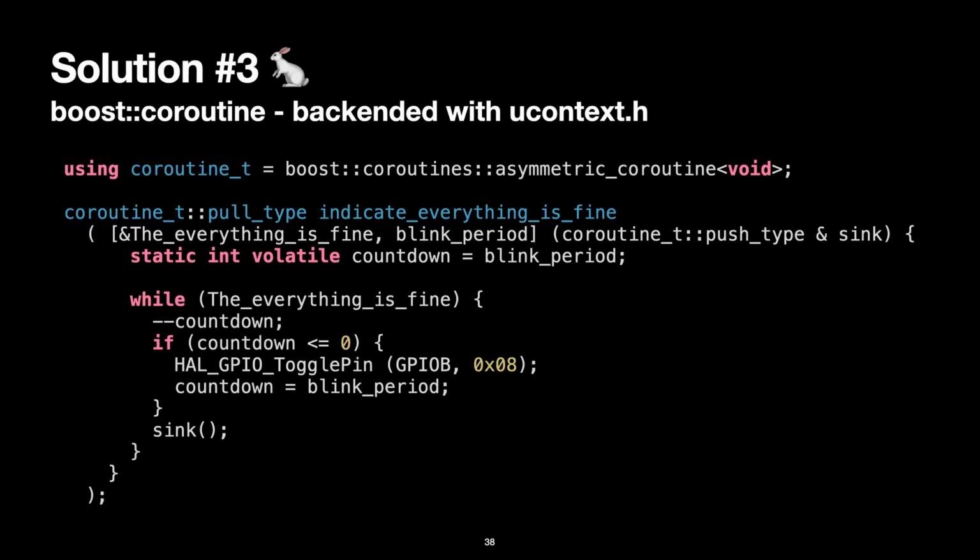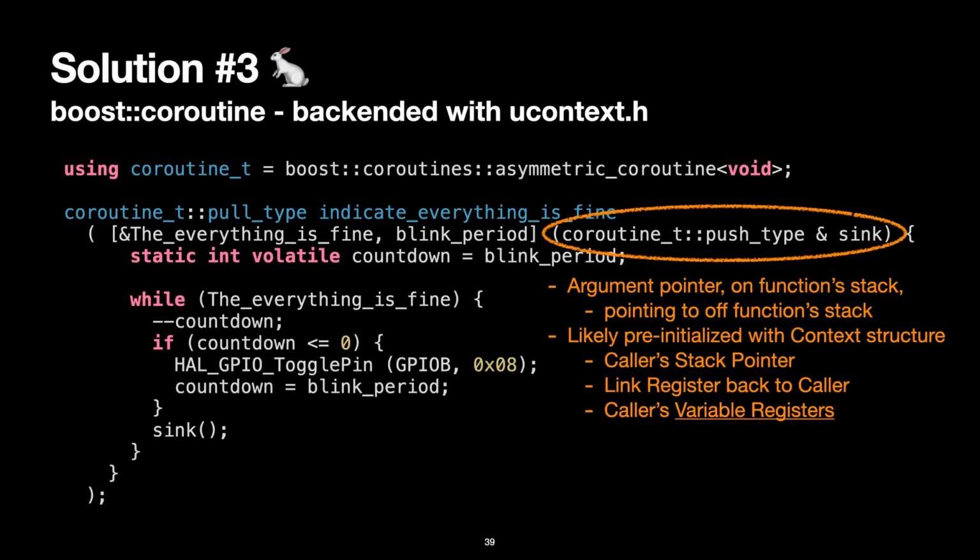Now, I've written my same function here with 2 modifications for Boost Coroutine. And I guess I should establish that Boost Coroutine creates an object that tries to handle things while being a coroutine. The first change is an argument pointer on the function stack pointing off the function stack.